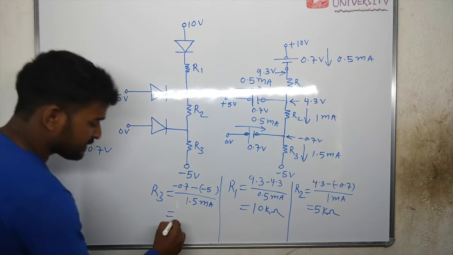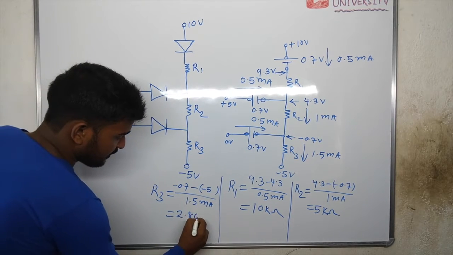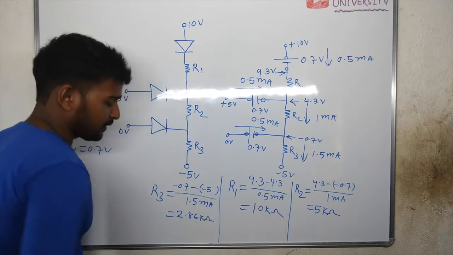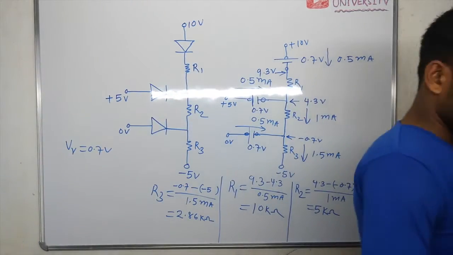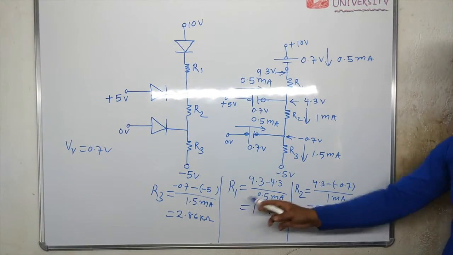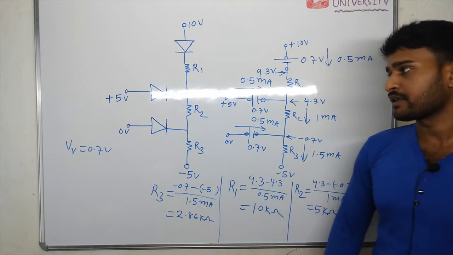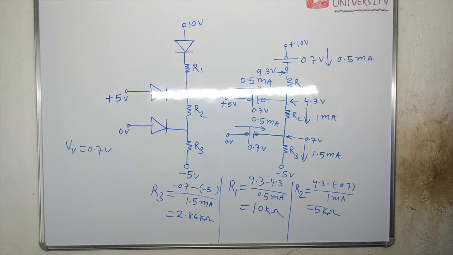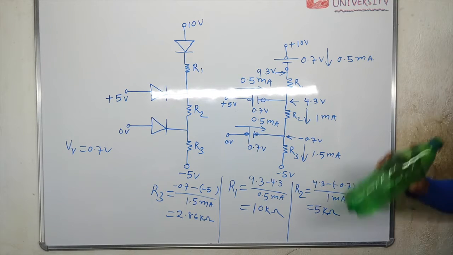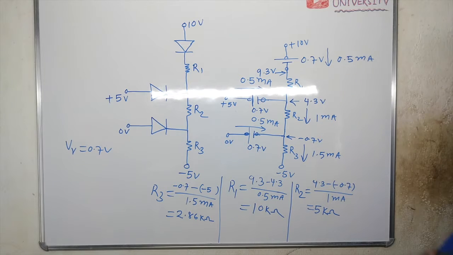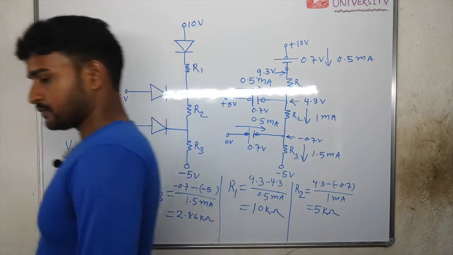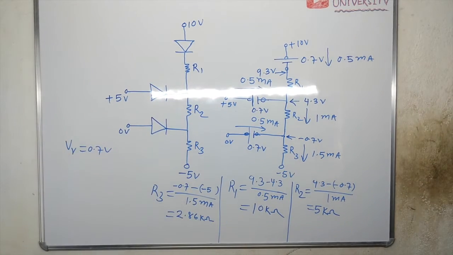It will be 2.86 kilo ohm. So this is the value of R1, this is the value of R2, and this is the value of R3. So the option is A.